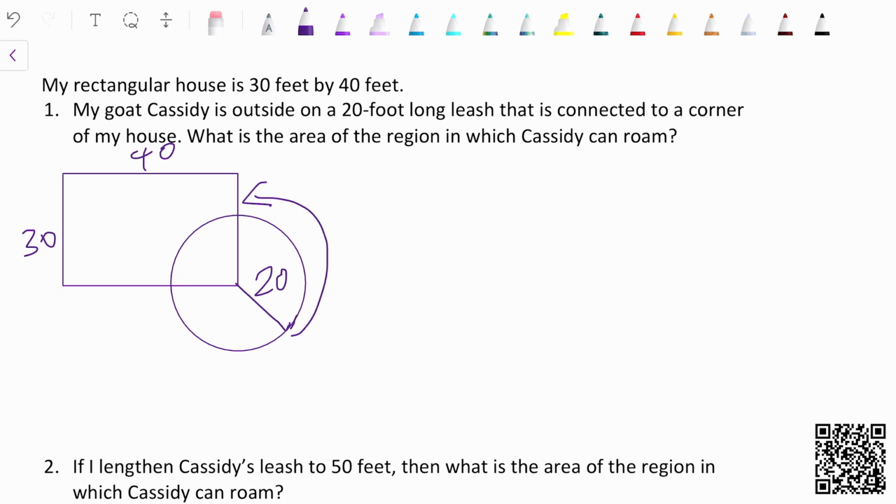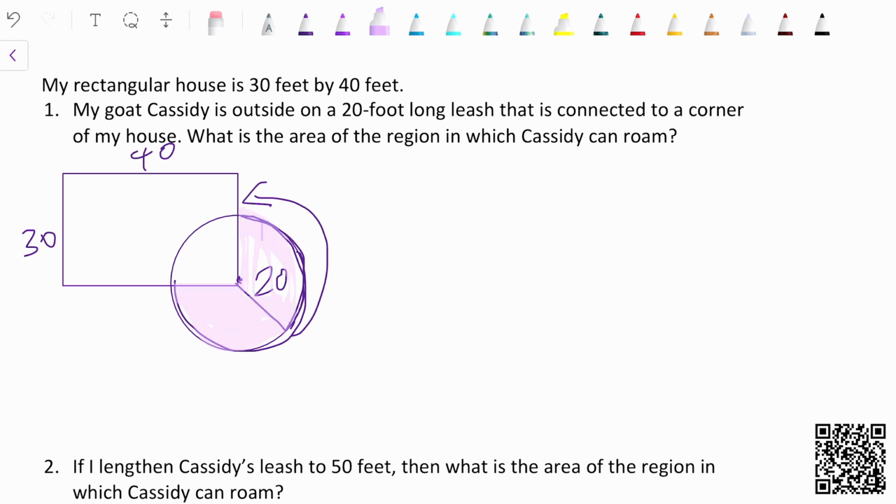But her 20-foot leash has the corner of the house as the center of the circle. Therefore, its leash area will basically revolve around the circle onto each side. However, since Cassidy can't go into the house, she only has 3/4 of her circle to go into, because the corner of the house blocks her.